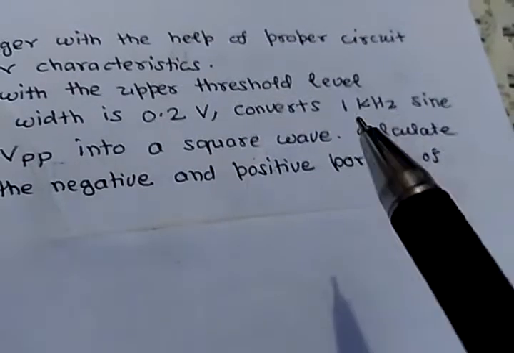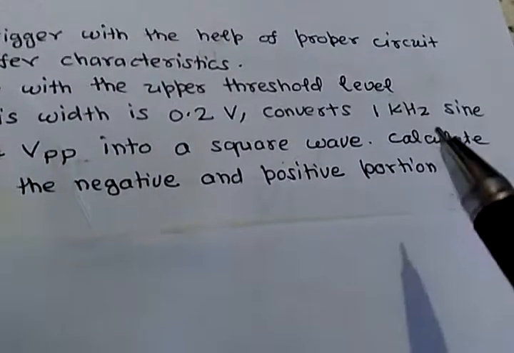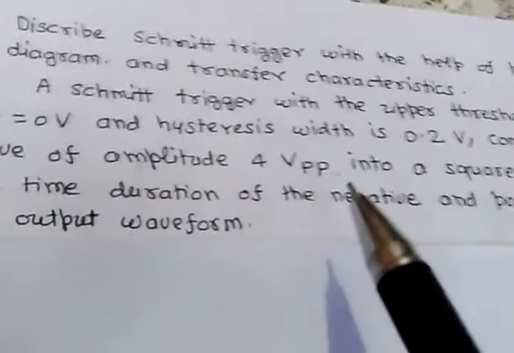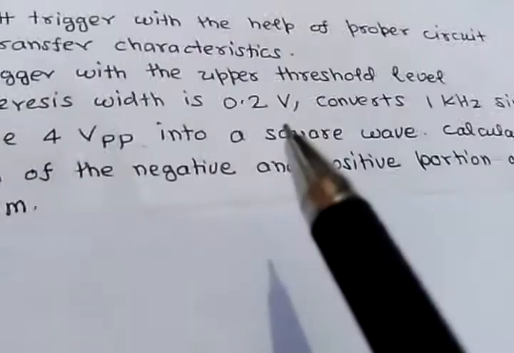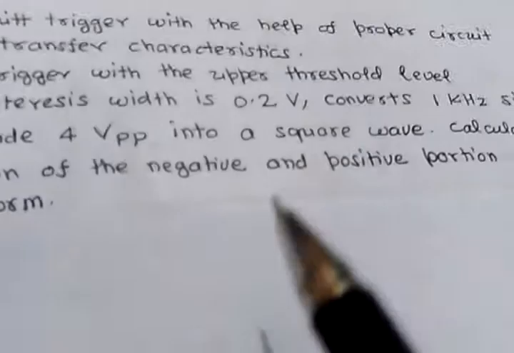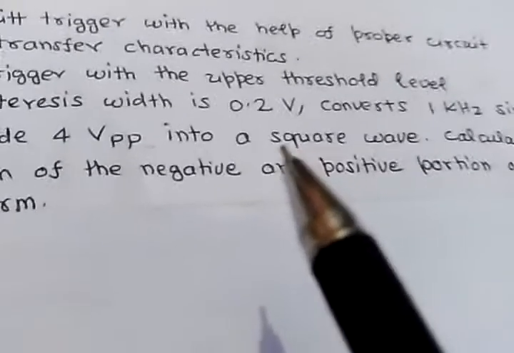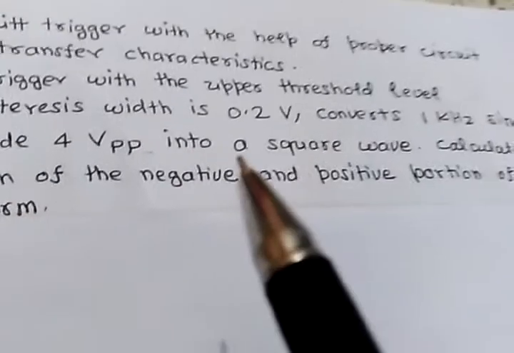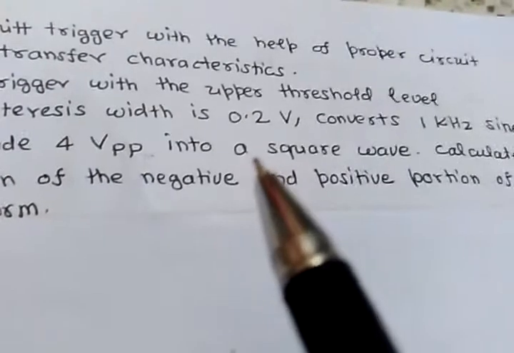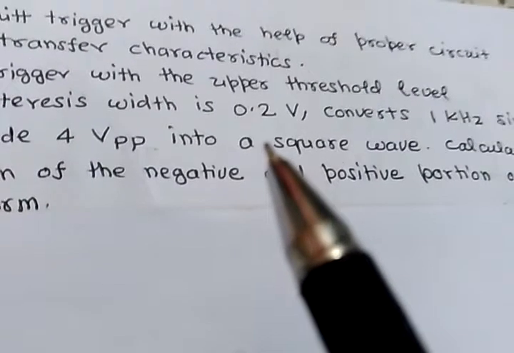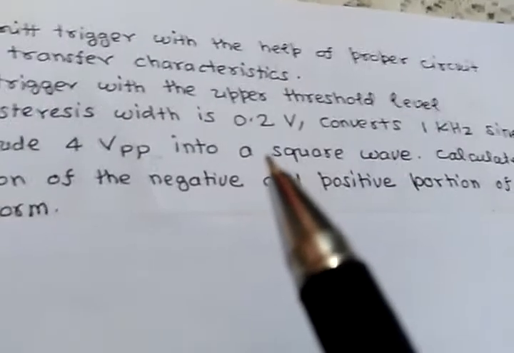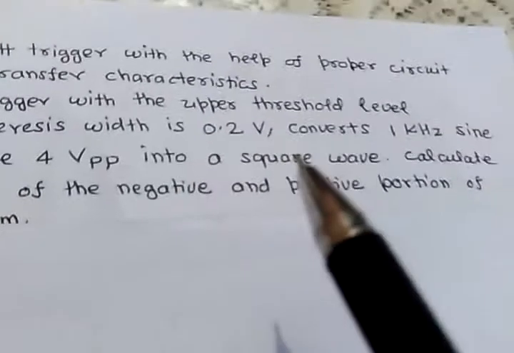In this problem, a sinusoidal signal of 1 kilohertz having amplitude 4 volt peak to peak is used to switch the output of the Schmitt trigger from plus B saturation to minus B saturation or minus B saturation to plus B saturation to produce a square wave signal.